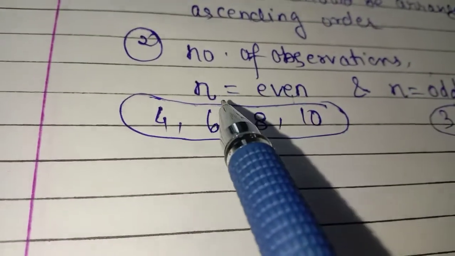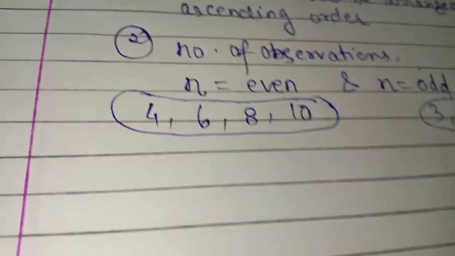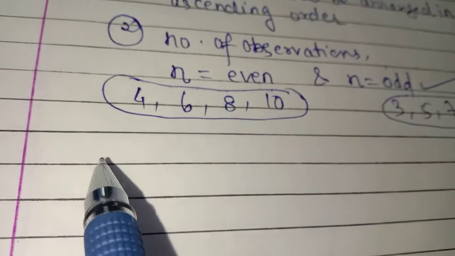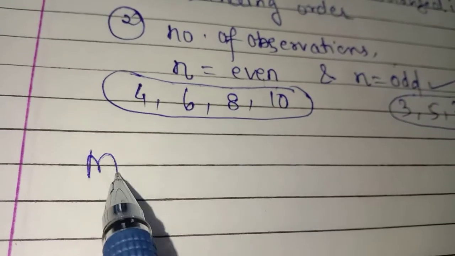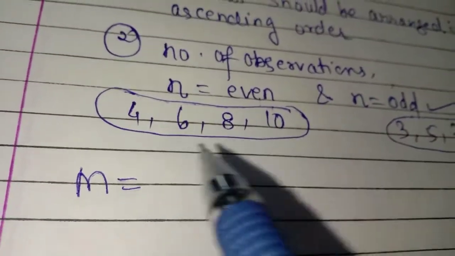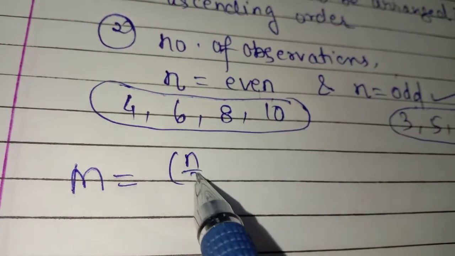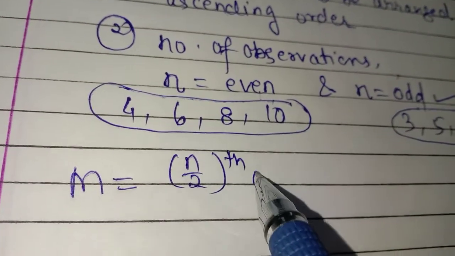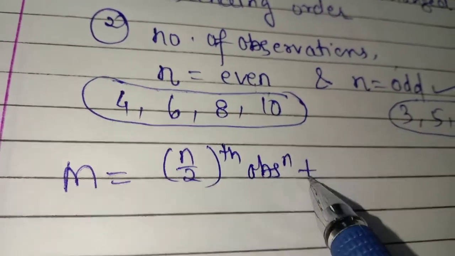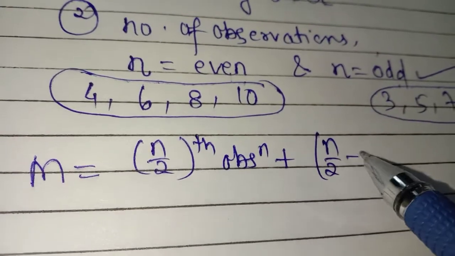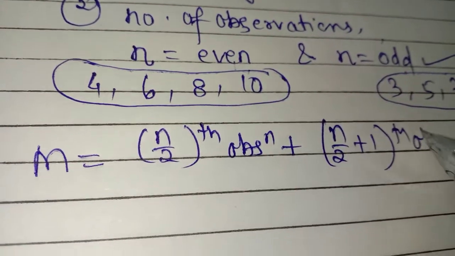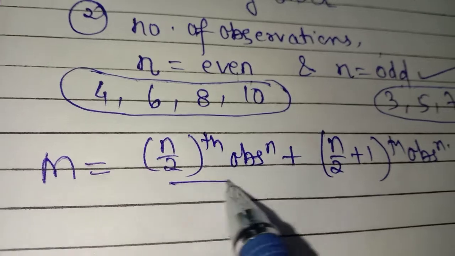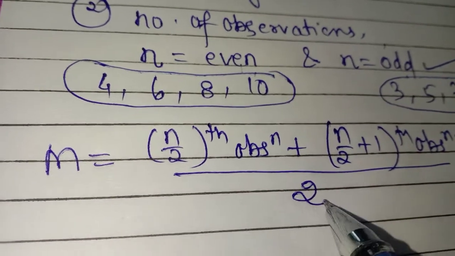Let me explain about when the observations are even. For even observations, we will write M is equal to the n upon 2th observation plus the n upon 2 plus 1th observation, divided by 2.